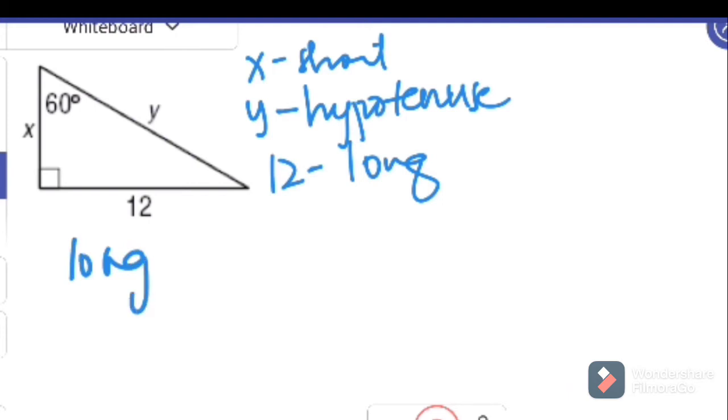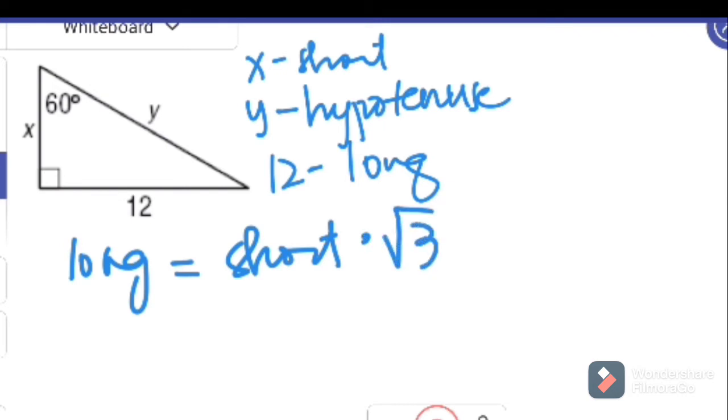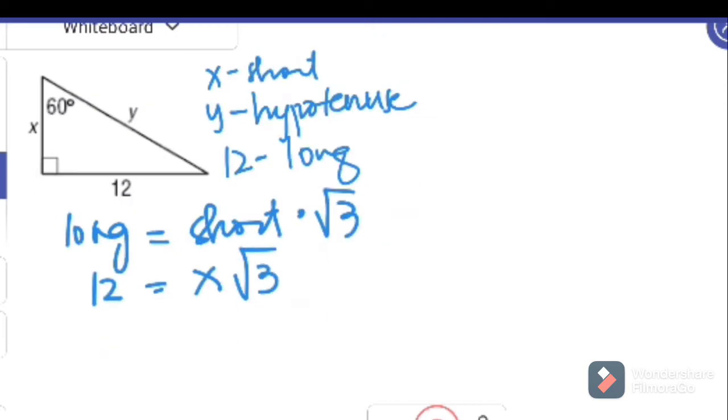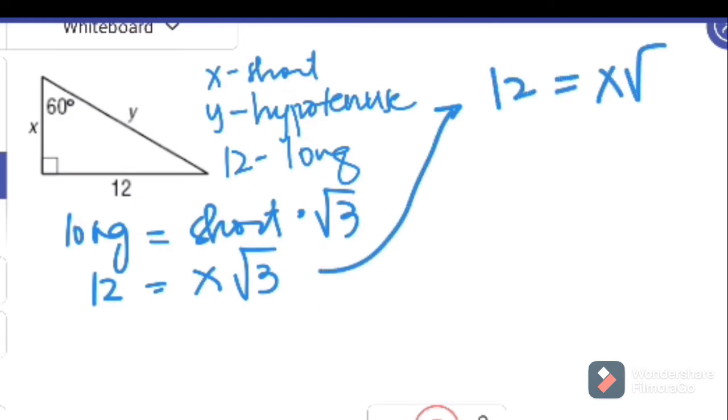The long leg is equal to short leg times the square root of 3, right? Substitute. The long leg 12 is equal to short, which is X, times the square root of 3. Solve for the value of X. Let's rewrite it here. 12 is equal to X square root of 3. To find X, we multiply both sides by 1 over the square root of 3.